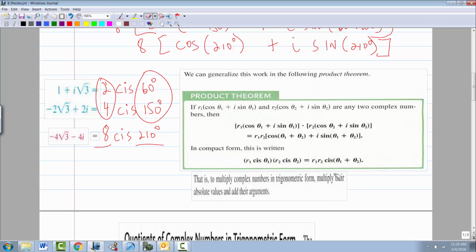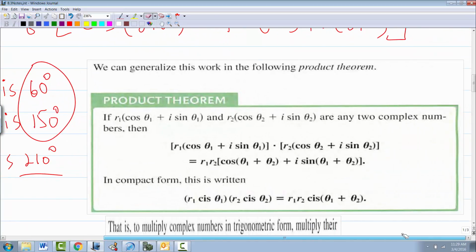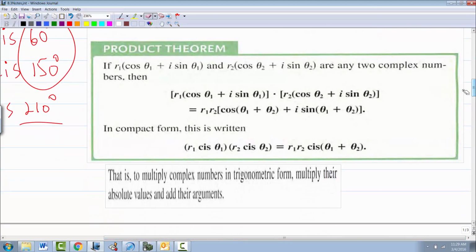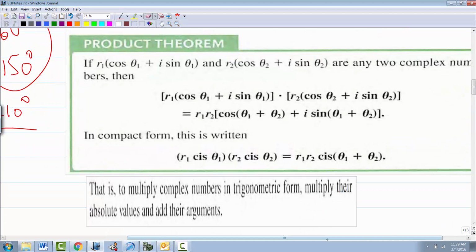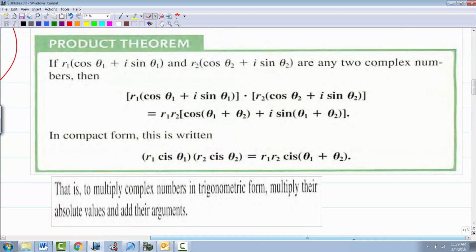If you put them in a trigonometric form, you could use this, what would you call this? Theorem, I guess, that we just extrapolated with one specific example. All right, where if you have r cis theta times r cis theta, multiply the r's, cis sum of the angles.